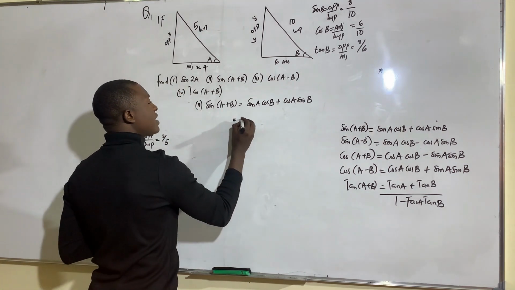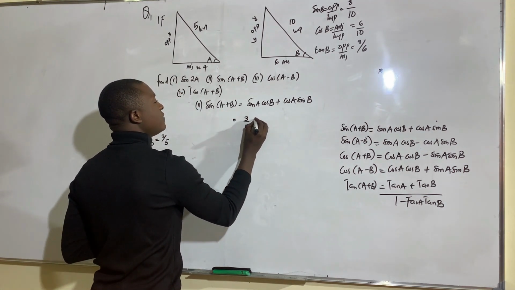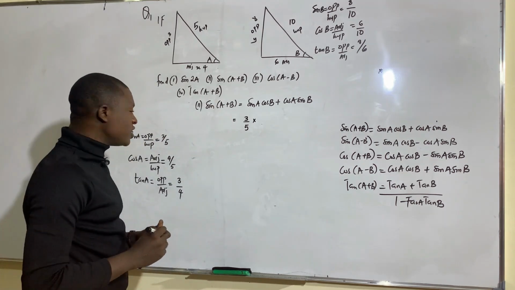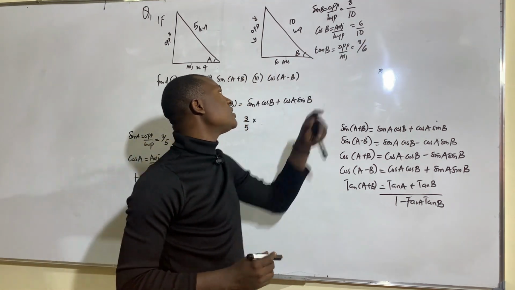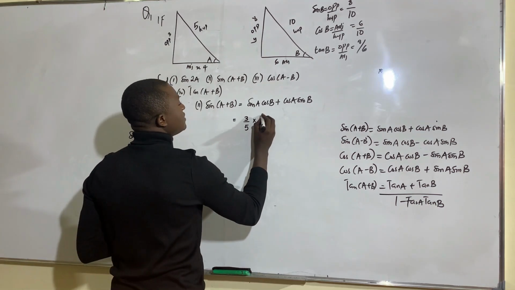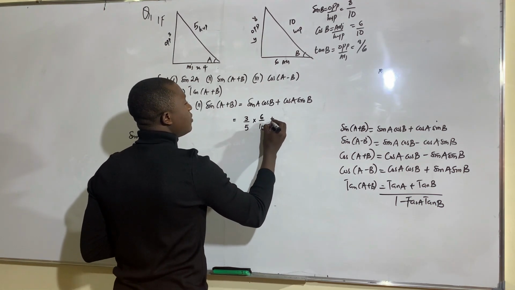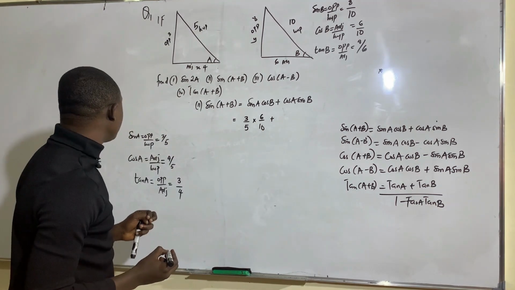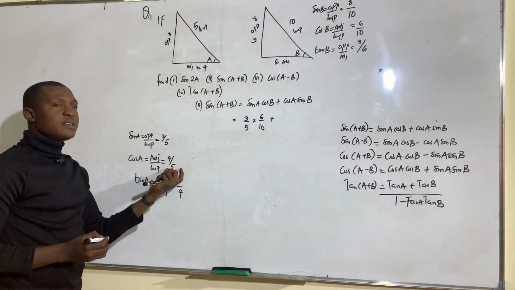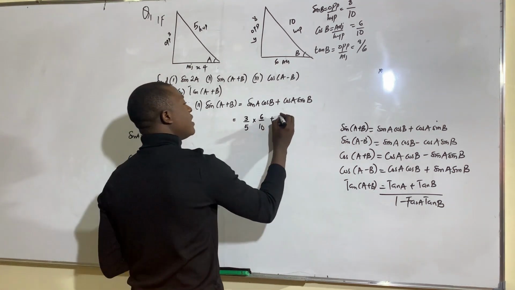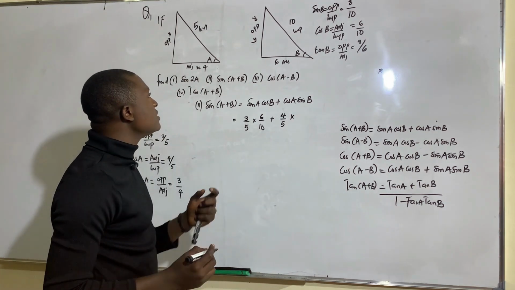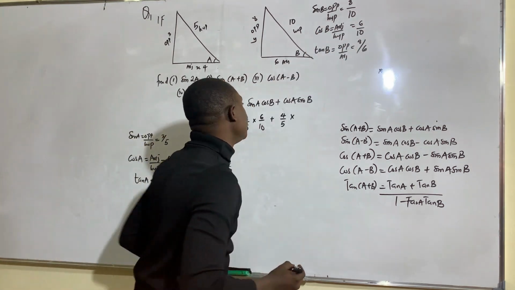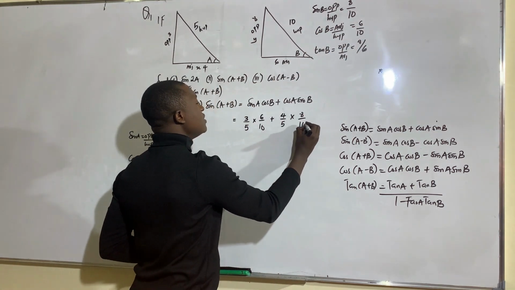So here I can have 3 over 5 multiplied by cos B. Cos B that we have here is 6 over 10. Good. Plus cos A. Our cos A is 4 over 5. That means I can have 4 over 5 multiplied by sine B. Sine B is 8 over 10.